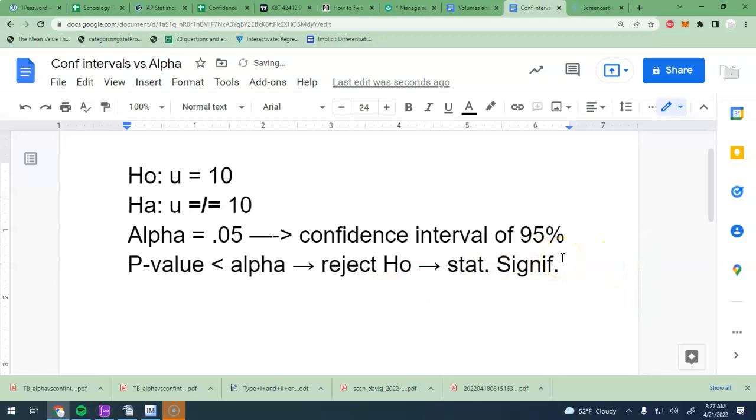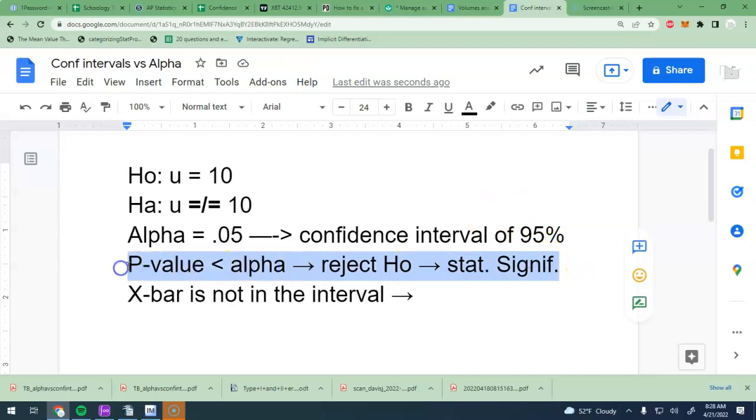So there's two ways. Another way you can make the decision is: is your x bar in the interval, or not in the interval? So forget we know anything about alpha, forget we know anything about tests at all.